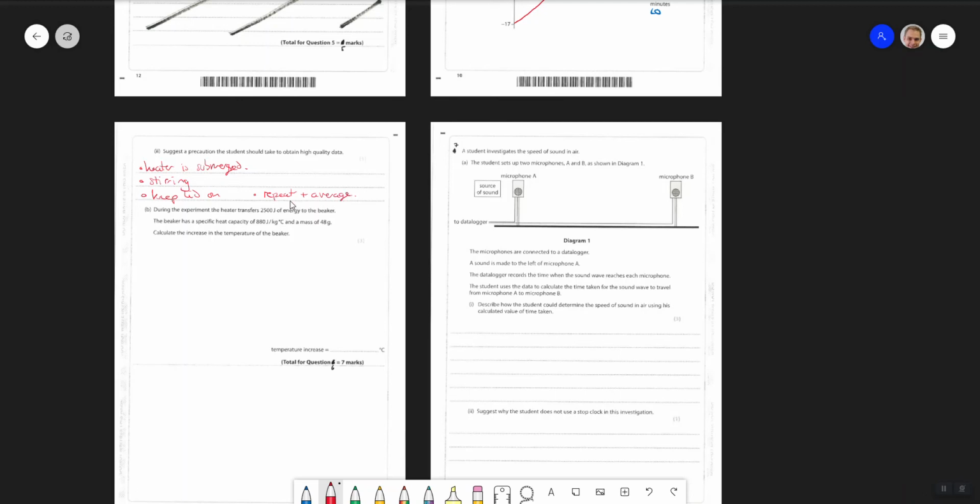The two most obvious ones here, I think, are stirring, because anytime you're measuring the temperature of a liquid, you should always stir it, and repeat and average, which is good practical skills anyway.